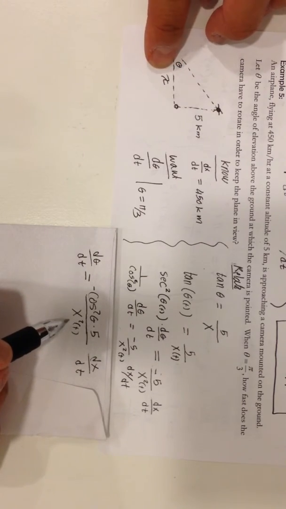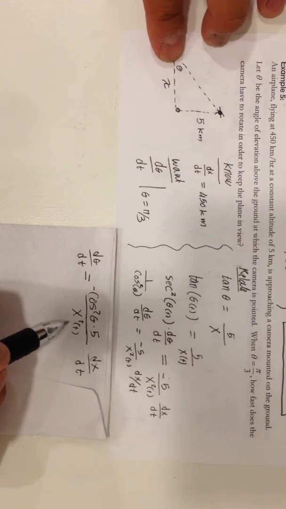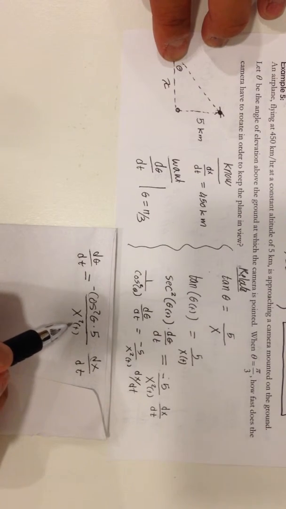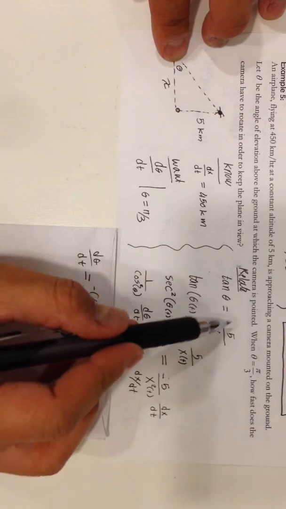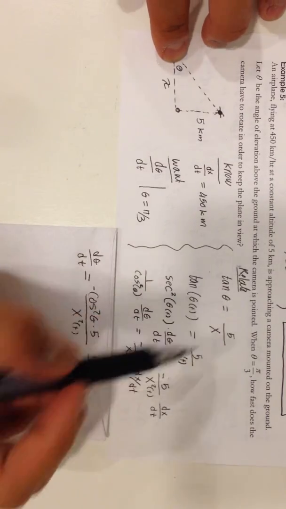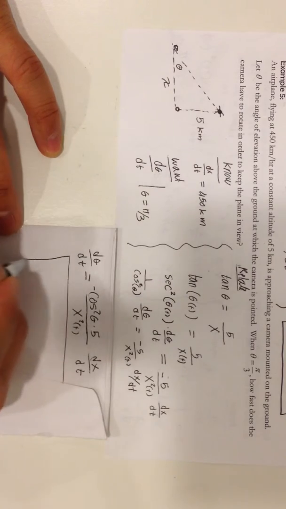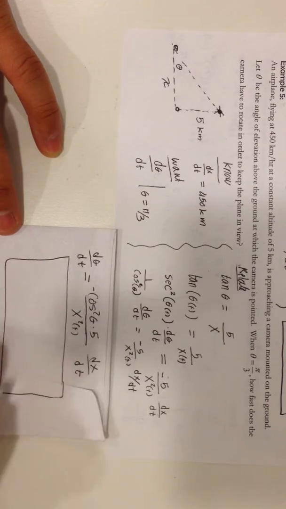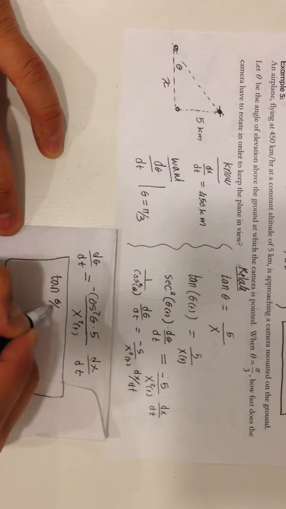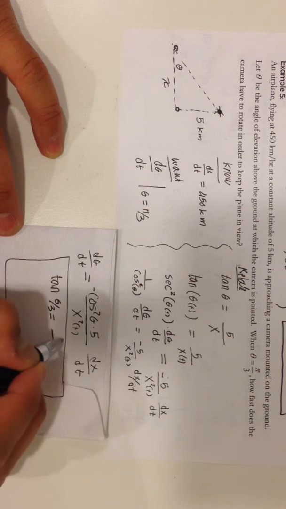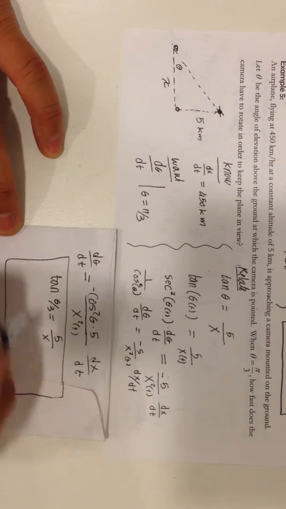And we can find what x is, because once you know θ equals π over 3, you can use this relationship to find x. So let's find what x is and we'll plug it in. Inside this box, tangent of π over 3 is equal to 5 over x.